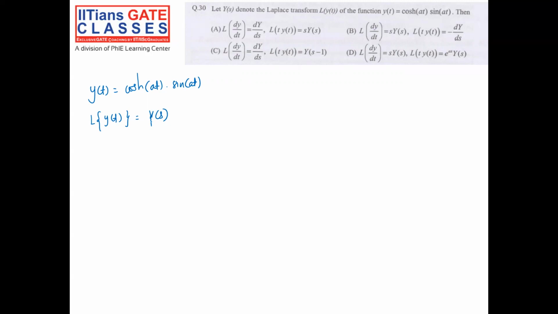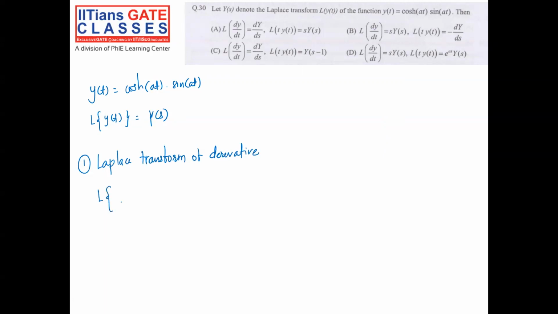If you look into these options, we can clearly see that they are related to some properties of Laplace transform. The first property which they are using here is the Laplace transform of derivative. So what is the Laplace transform of derivative?